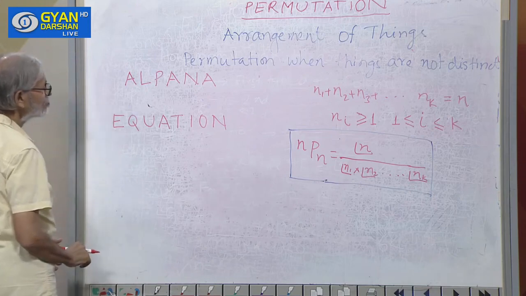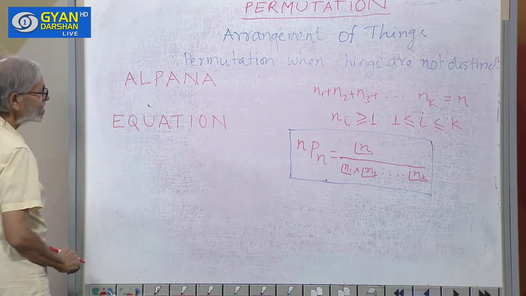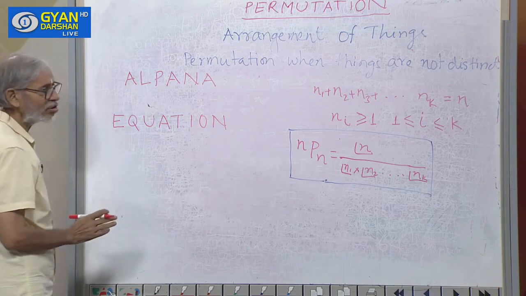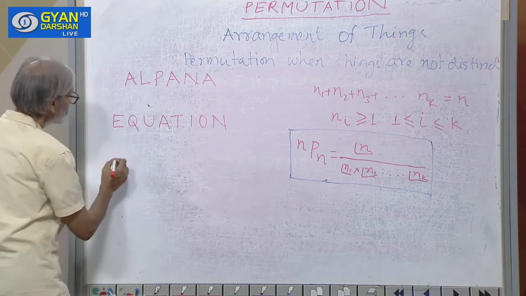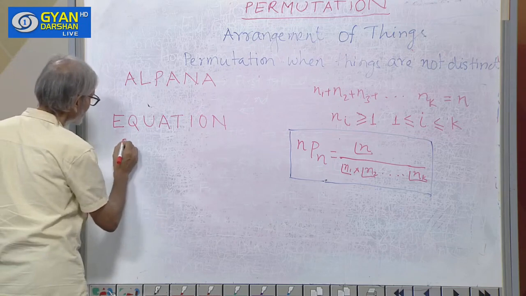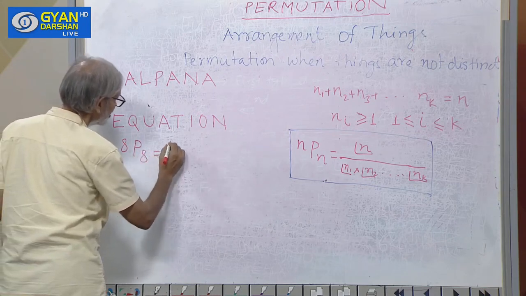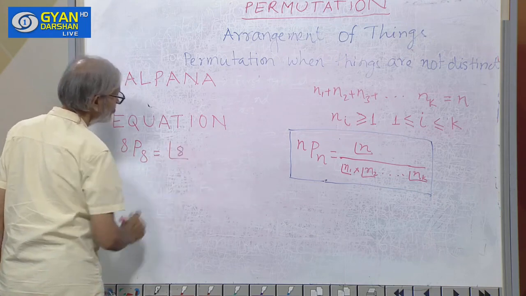So, how many 8 letter words can be made, meaningless or not meaningless? So, this will be equal to 8P8, which will be equal to factorial 8.